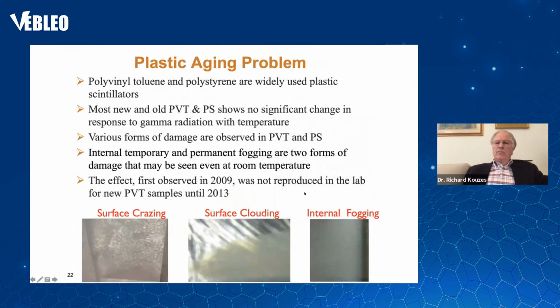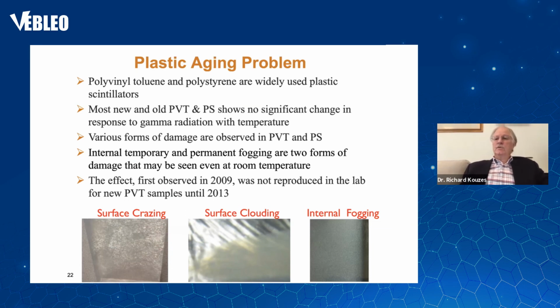Another example of a problem we have is the degradation of these detection materials. I mentioned plastic scintillators. It turns out plastic scintillators do age over time. They can get surface crazing, which is a surface defect. They can get surface clouding, and they can get internal fogging. The internal fogging is produced by the presence of humidity. So hot, humid conditions, these instruments are used outdoors.